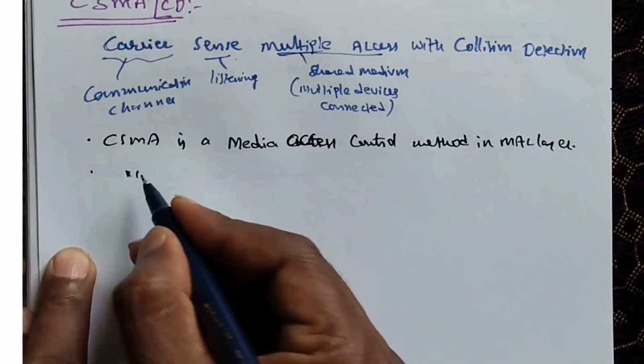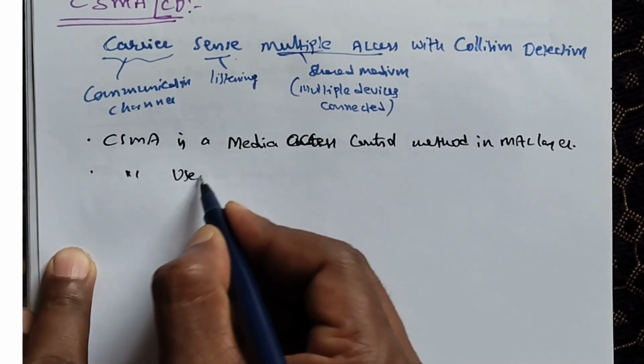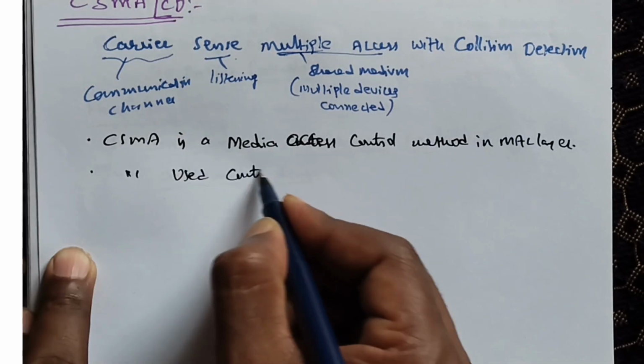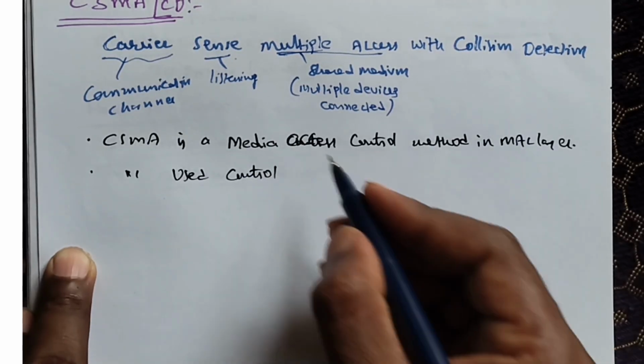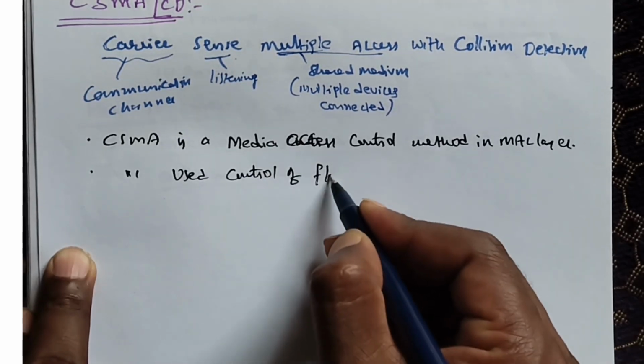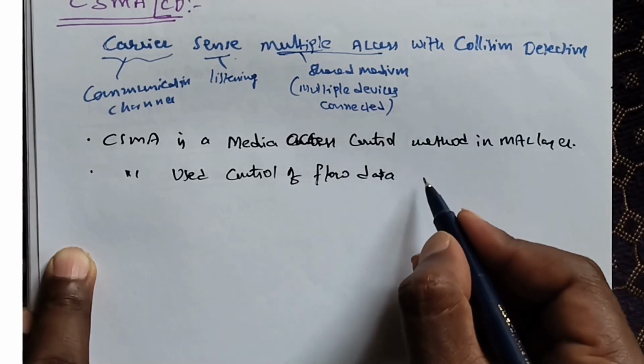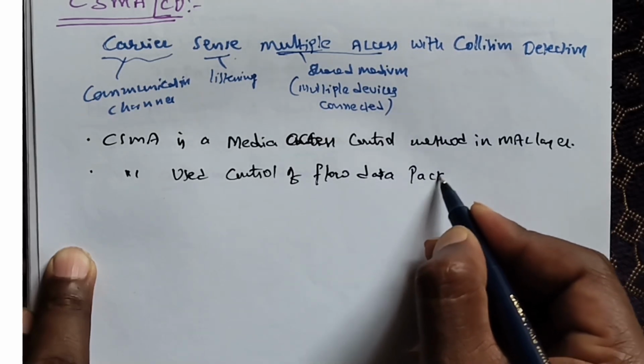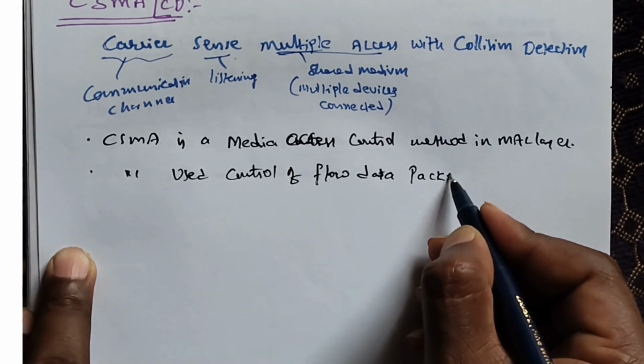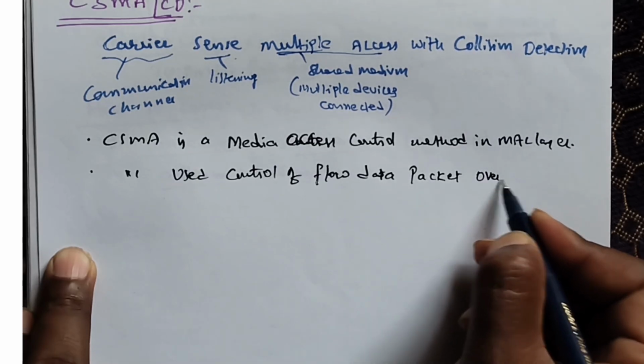Next, CSMA is used to control the flow of the data packets over the network.